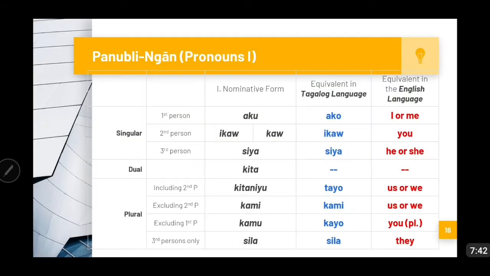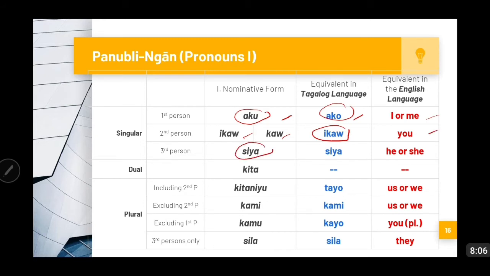As you can observe, these pronouns are quite similar to the Tagalog pronouns or panghalip. The aku, the equivalent in the Tagalog language is ako. In English, I or me. Then we have ikaw in the Sinūg language, or kau, and in Tagalog it is ikaw. The English is you.